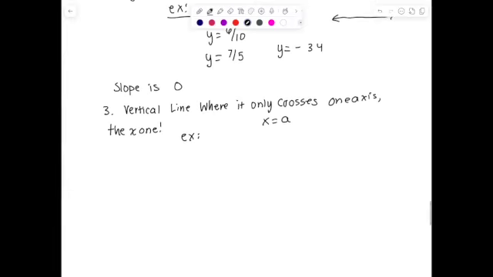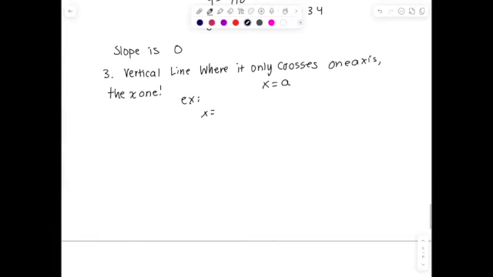So we have x equals 5, x equals 7 over 10, x equals negative 2/3, and x equals negative 10. It looks like this. It goes up or down. Slope, undefined.